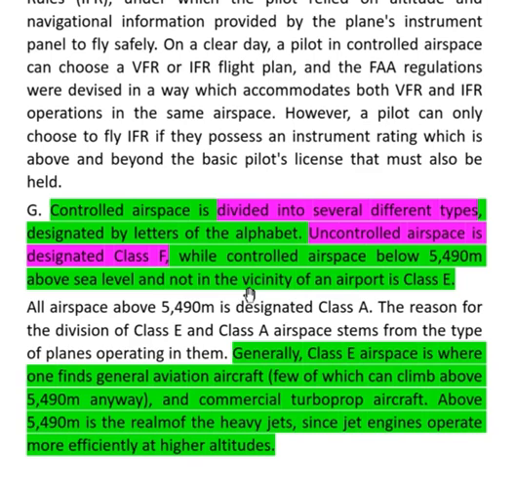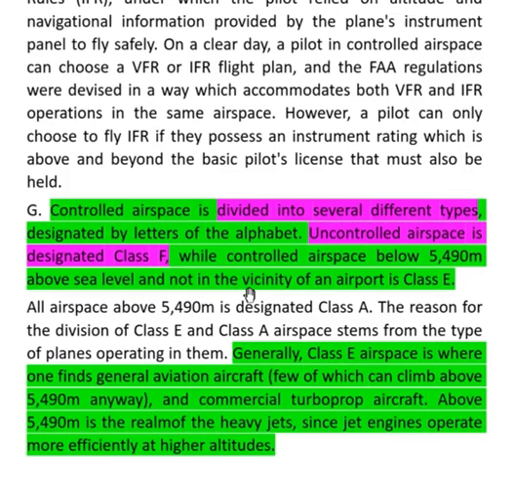Uncontrolled airspace is designated class F, while controlled airspace below 5,490 meters above sea level, not in the vicinity of an airport, is Class E.